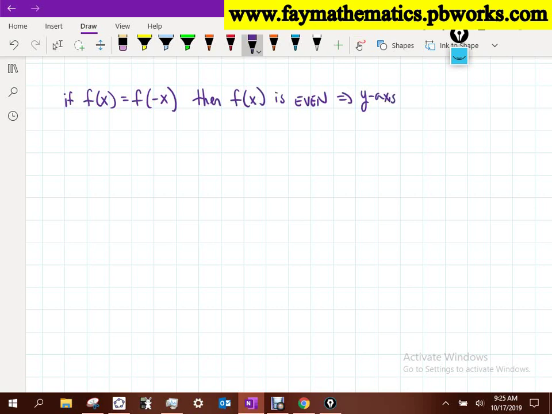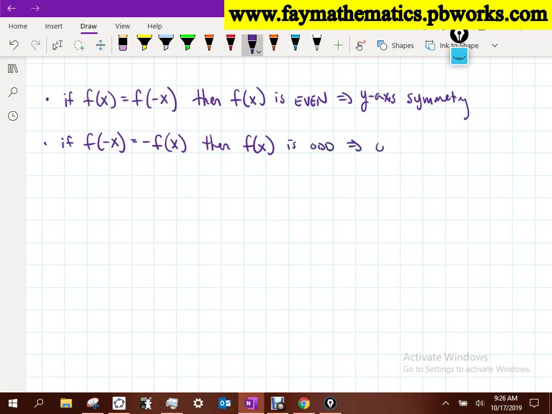The second rule said if f of negative x equals the opposite of f of x, then f of x is odd.